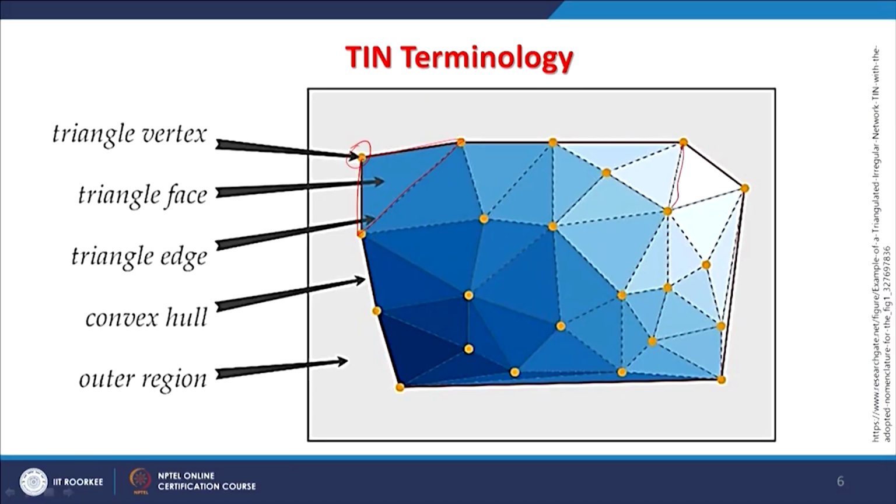Here this is the plane between three triangles. Now, these are the edges of a triangle, and then you may have a convex hull or concave also, and then the outer region. That outer region is very important, because the boundary issue with the TIN is sometimes one may find it a limitation.